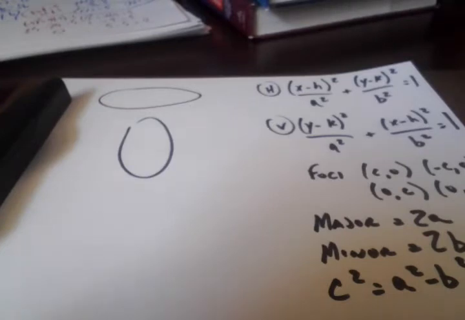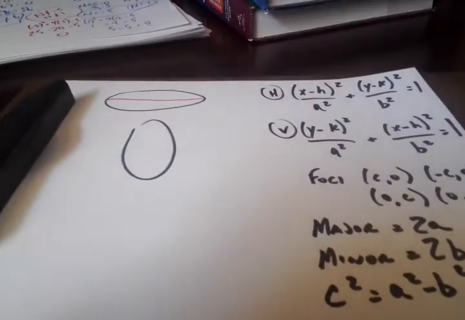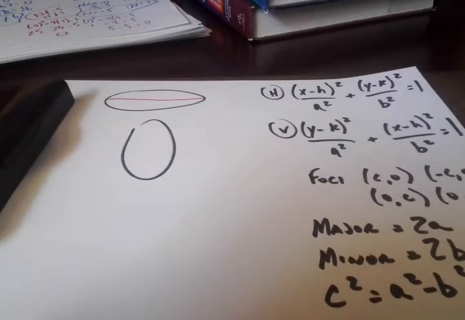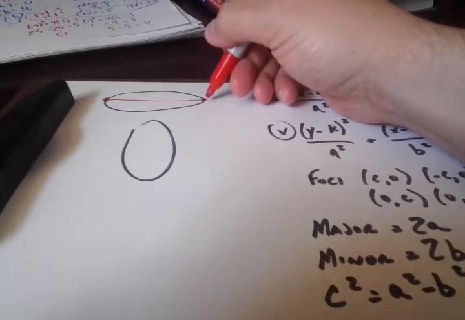Okay, and I know I've done a very sloppy job of drawing this, but I want to reacquaint you with a couple of words you learned last week. All right, because in the problem, example 2, they gave us vertices and co-vertices. Okay, so you see how this is the major axis here. So this point and this point are the vertices.